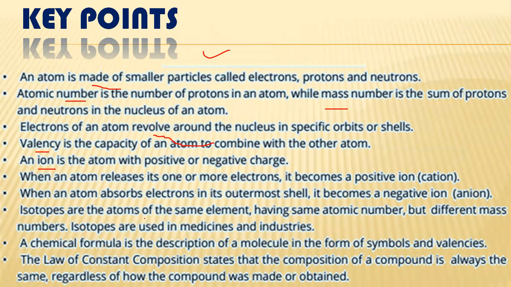We took a look at isotopes in this chapter, as well as their use in medicine, industry and agriculture. Then today we saw the chemical formula, how it is formed and made, symbols and valencies, and in the last we saw the law of constant composition, which all compounds follow.